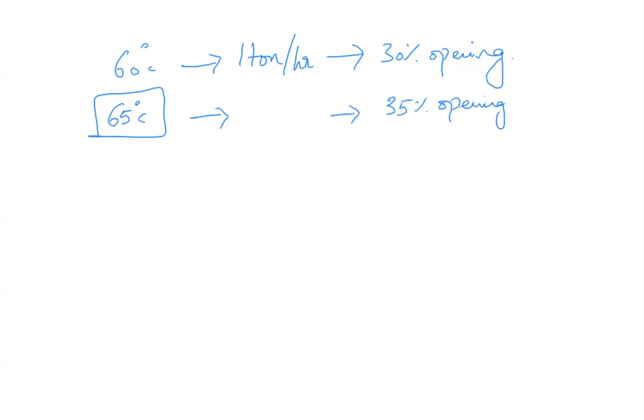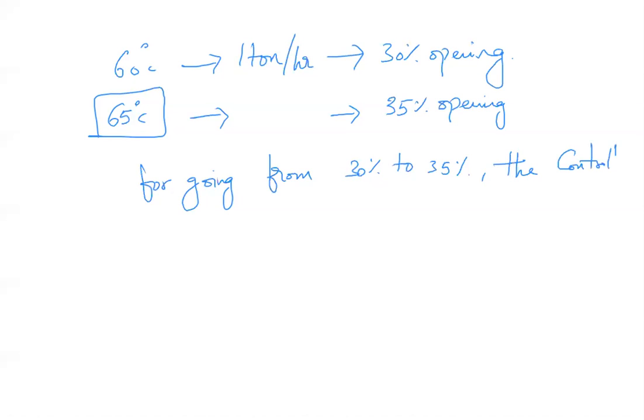Now, for going from 30% to 35%, the controller should send an increase. Let's say 30% open corresponds to 7 psi.